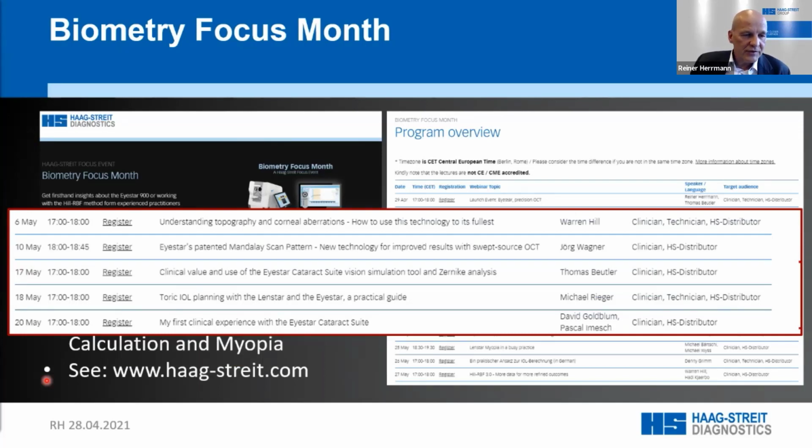In the first webinar, Warren Hill will talk more deeply about topography and corneal aberrations, which are able to be analyzed with the Eyestar. Then we will talk about the Mandala scan pattern, which we patented and which is inherent to the Eyestar. Then we will have more information about vision simulation in the Eyestar.